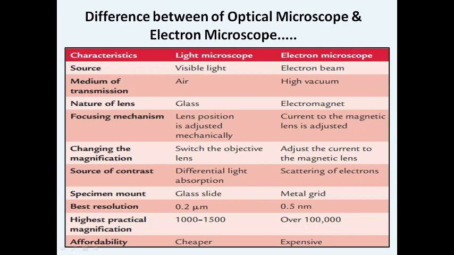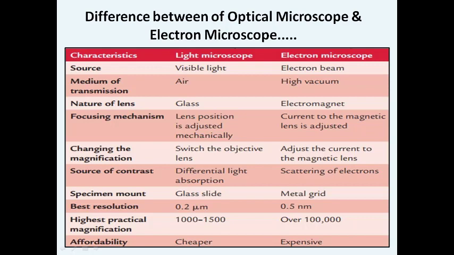Regarding affordability, it was noticed that the light microscope is very cheap because it uses a very simple mechanism, utilizing light sources along with glass convex and concave lenses.